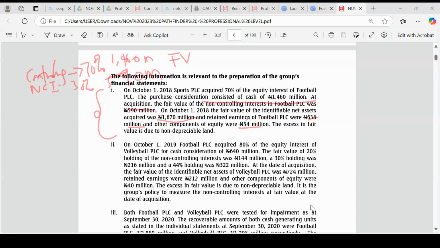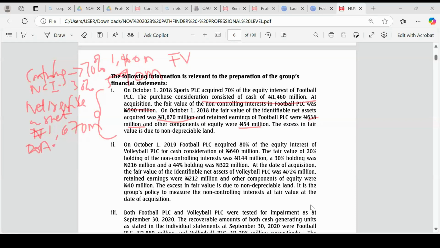All right. Now I've been told the net identifiable assets is 1,670 million. But what I would do again is write my date of acquisition.